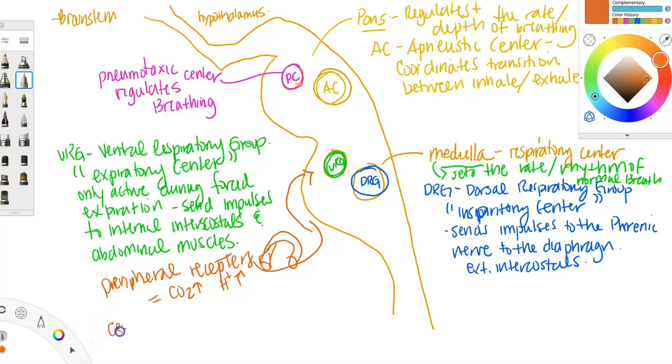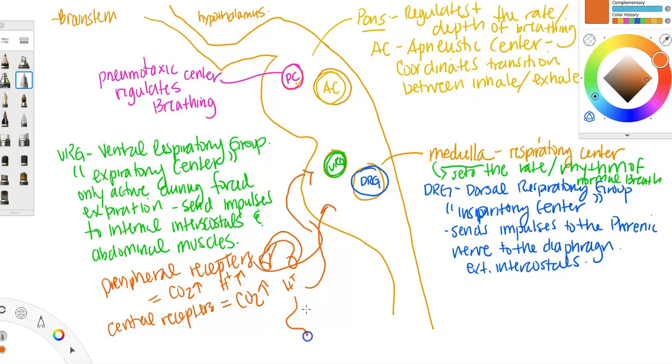Central receptors. So these are receptors just in the brain, neural receptors, and they can give the same information. Increases in CO2, increases in hydrogen, and that feeds back.